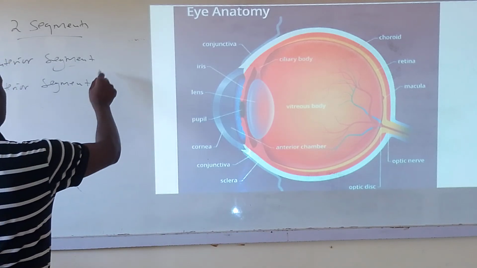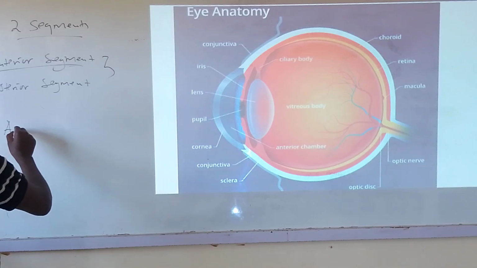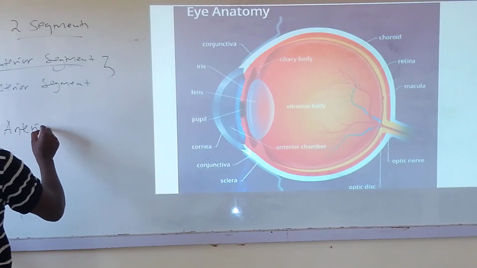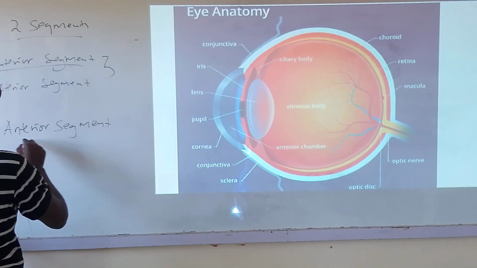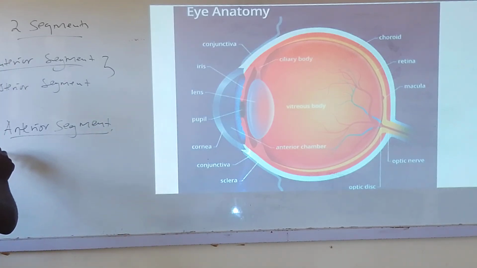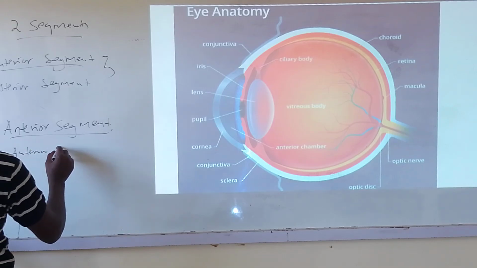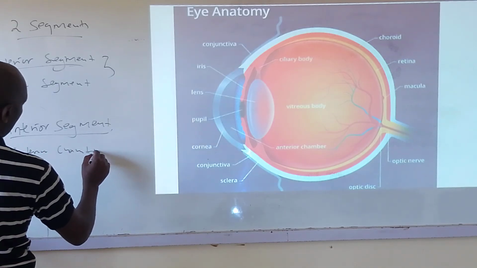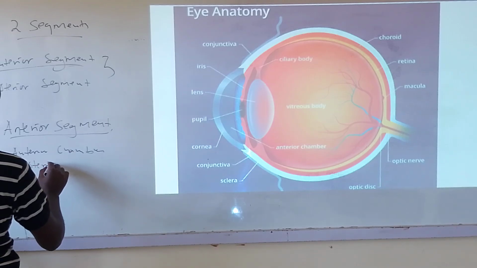Now, apart from these two, this anterior segment is further divided into chambers. The anterior segment is again divided into two chambers, what we call the anterior chamber and the posterior chamber.